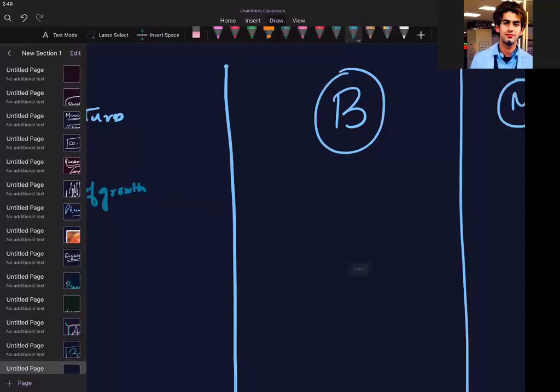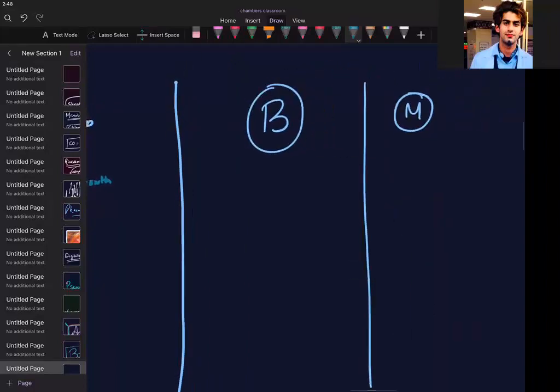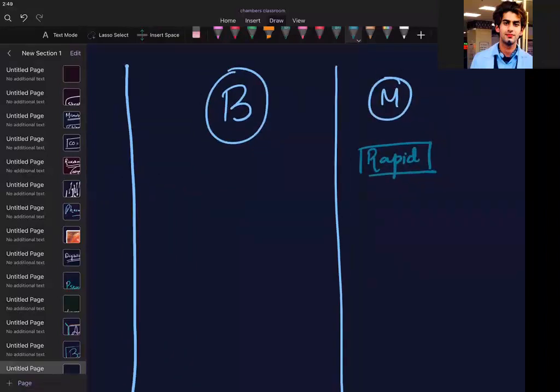Beautiful answer, Sana. Malignant tumor is rapidly increasing. So rapid. Okay. But remember, it's not always that it will be rapid. It can be slow also. But as a general rule, differentiating from benign, if we wrote rapid here, then we should write slow here. Easy.